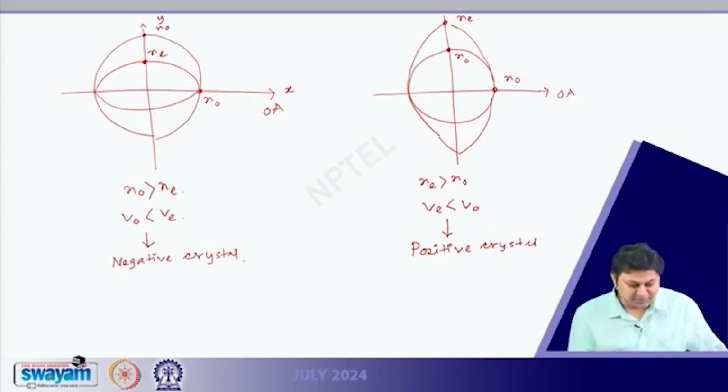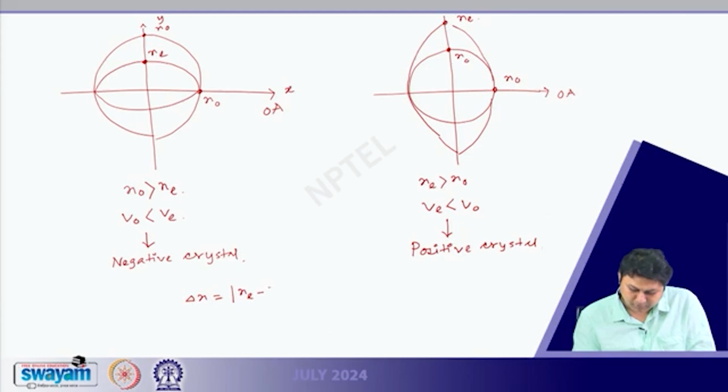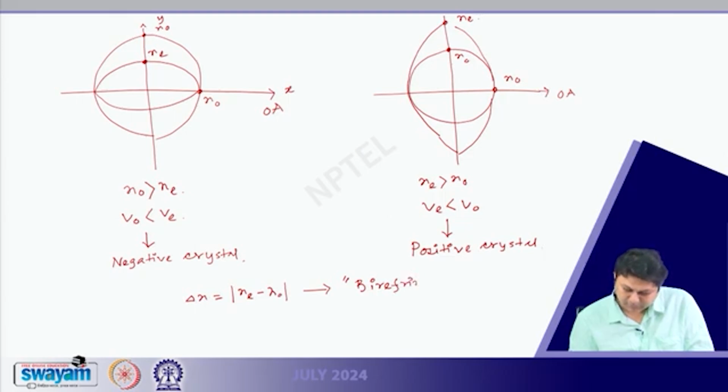Sometimes this difference in the refractive index, delta n, is often referred to as the birefringence of the crystal.